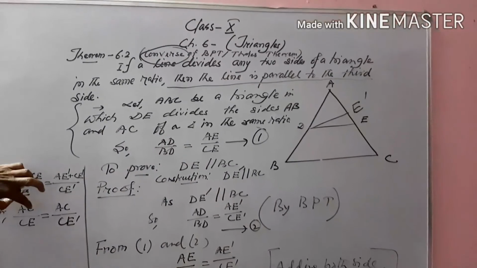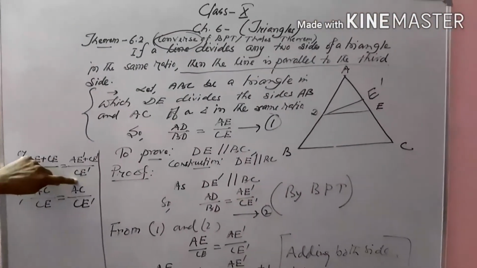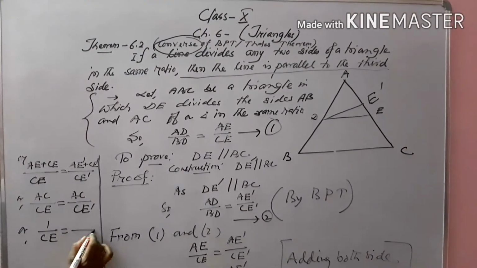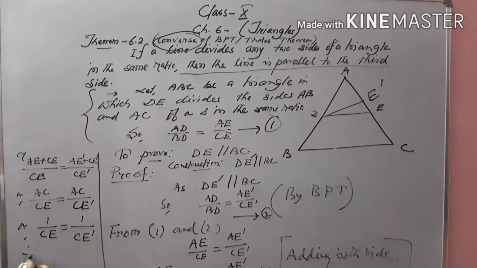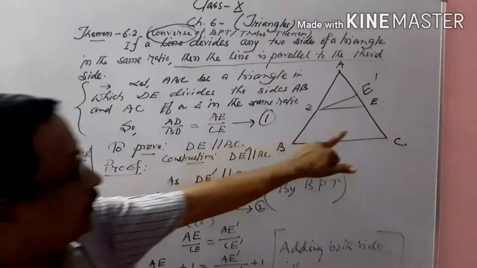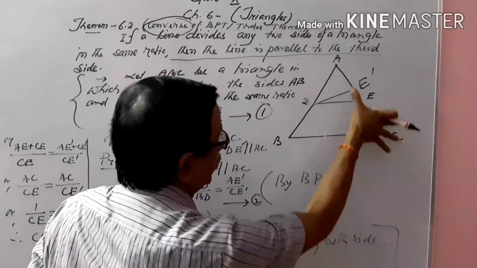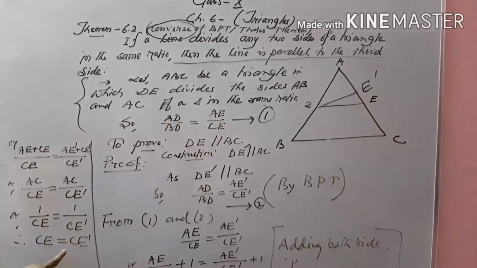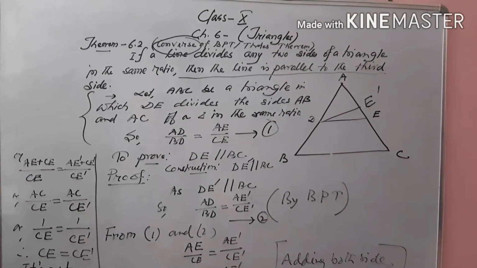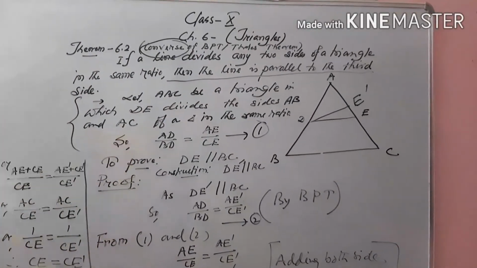Now at the numerator, AC and AC are there, so AC will cancel. So we can write 1 by EC equal to 1 by E dash C, so EC equals E dash C. Look at the figure: EC is this part and E dash C is this part. Are both the same? No, it is not possible. Just look at the figure.